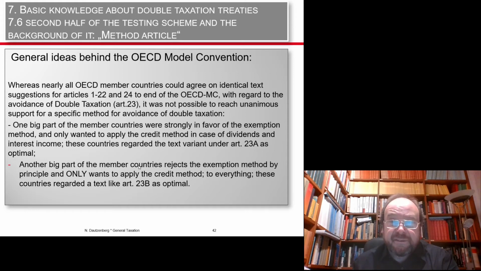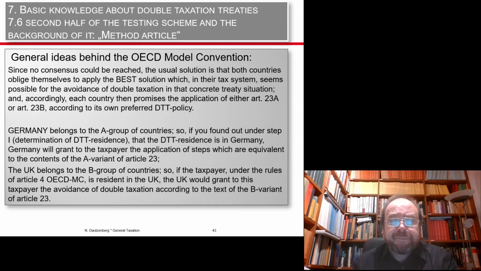So if the source country can tax, the residence country has to declare this income tax-free, the so-called exemption method. And the credit method is only applied with dividends and interest. And another big part of member countries of the OECD rejected the exemption method altogether and only wanted to apply the credit method. These were the B countries.